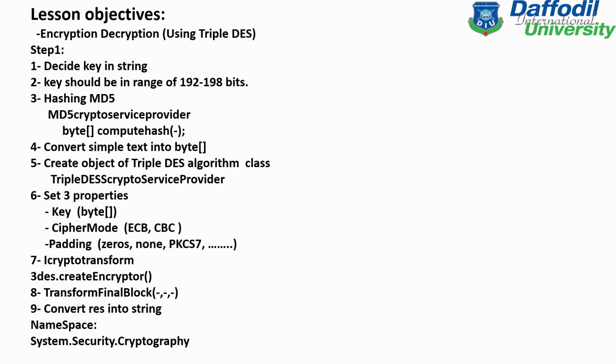At first, decide the key as a string. Second, the key should be in the range of 192 to 198 bits, and for hashing with MD5 my key size is not in that range. Then the steps are: use MD5 hashing, convert simple text into a byte array, create an object of the Triple DES algorithm class, set three properties, ICryptoTransform, TransformFinalBlock, and convert the result into a string. The namespace is System.Security.Cryptography. Okay, let's start. Now I will show my project code.